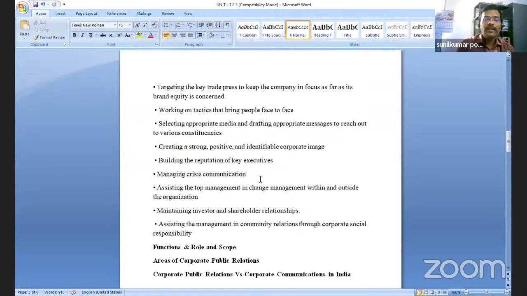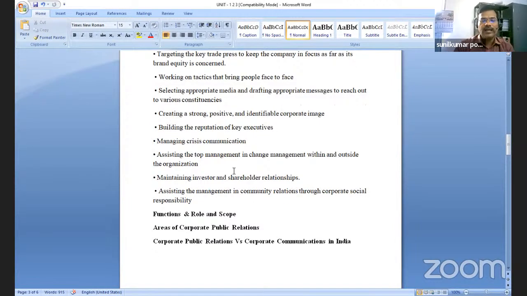So the corporate communication personnel give ideas to the management on how to overcome this crisis. Not only crisis management, they also have to assist the top management in change management within and outside the organization.